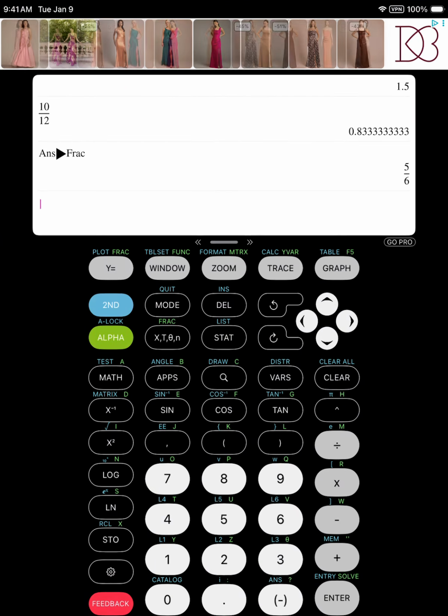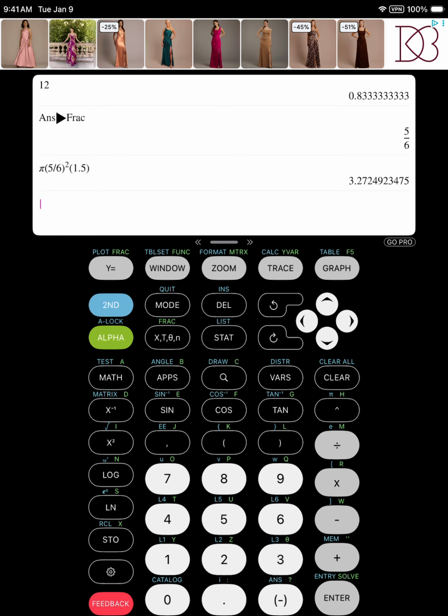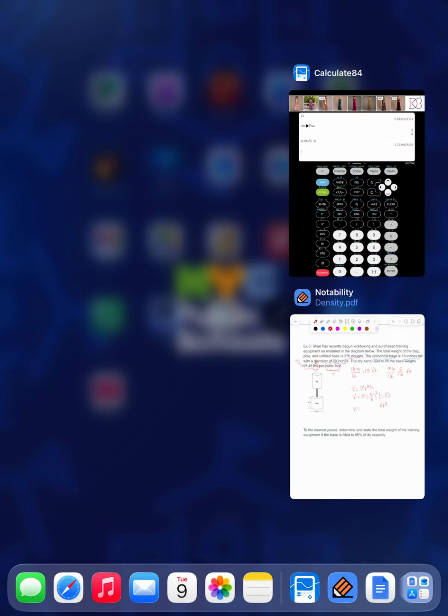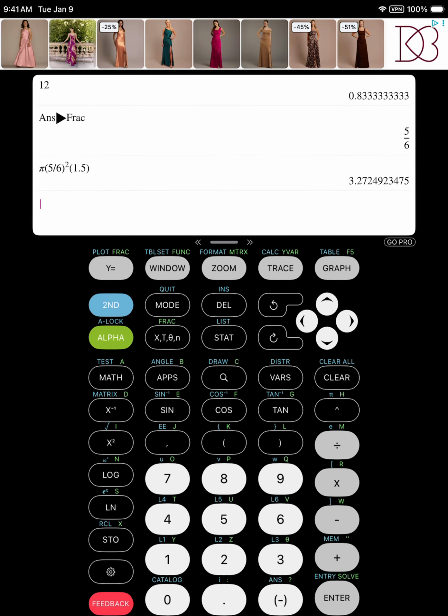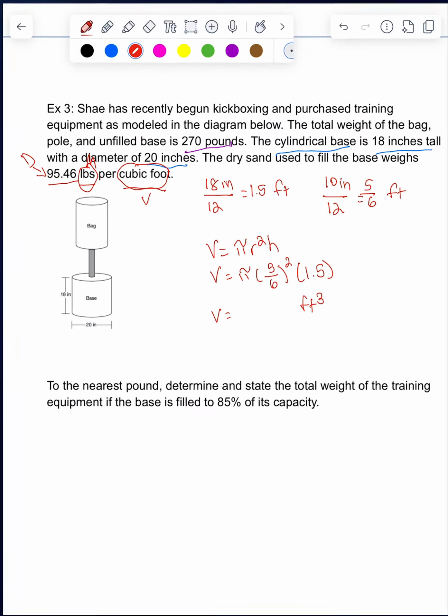So pi times 5 over 6 squared times the height of 1.5. And that's about 3.2725.